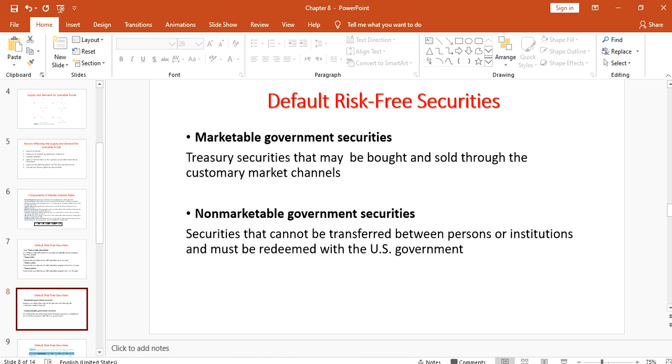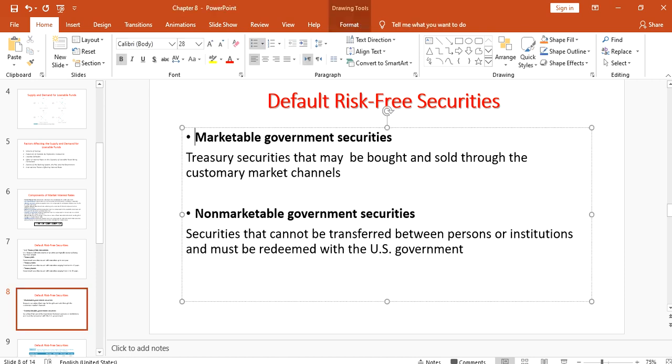A can sell it to B, B can sell it to X, X can sell it to Y. No matter who's holding it, okay? But non-marketable government securities are just between a person or institution and the government. So you should redeem it with the United States government. You cannot sell it in the market whenever you want before the maturity.